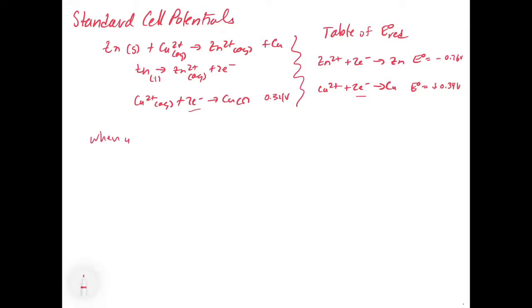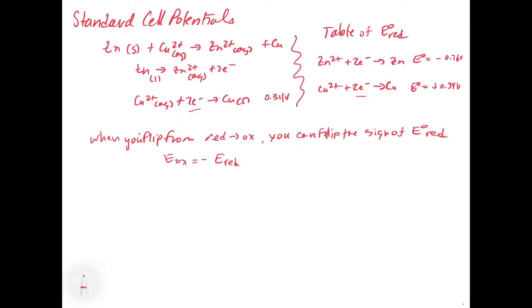So when you flip from a reduction to an oxidation, you flip the sign of E naught red. What that basically means is that E ox is equal to minus E red.